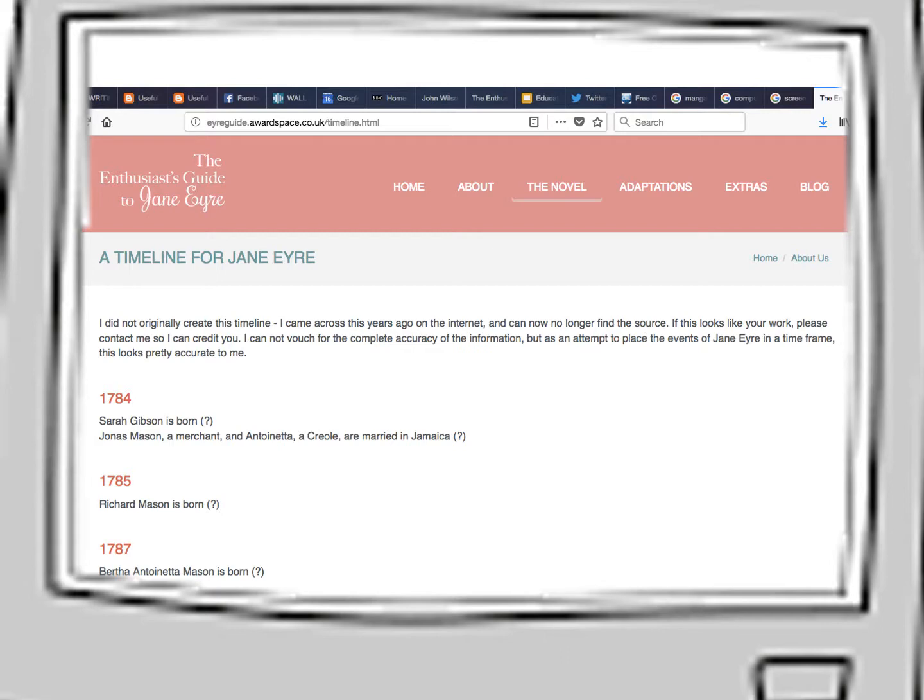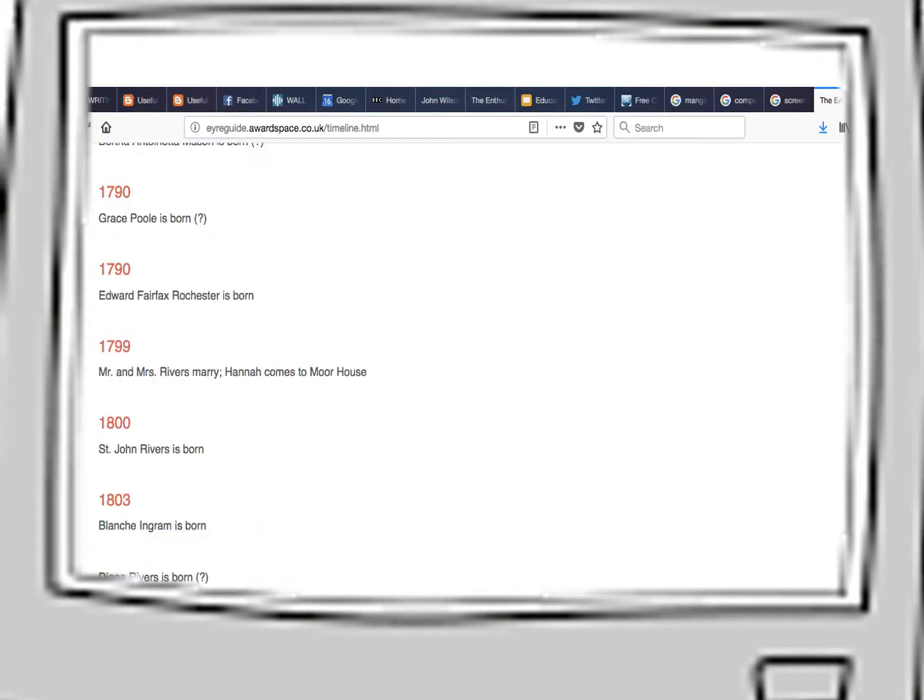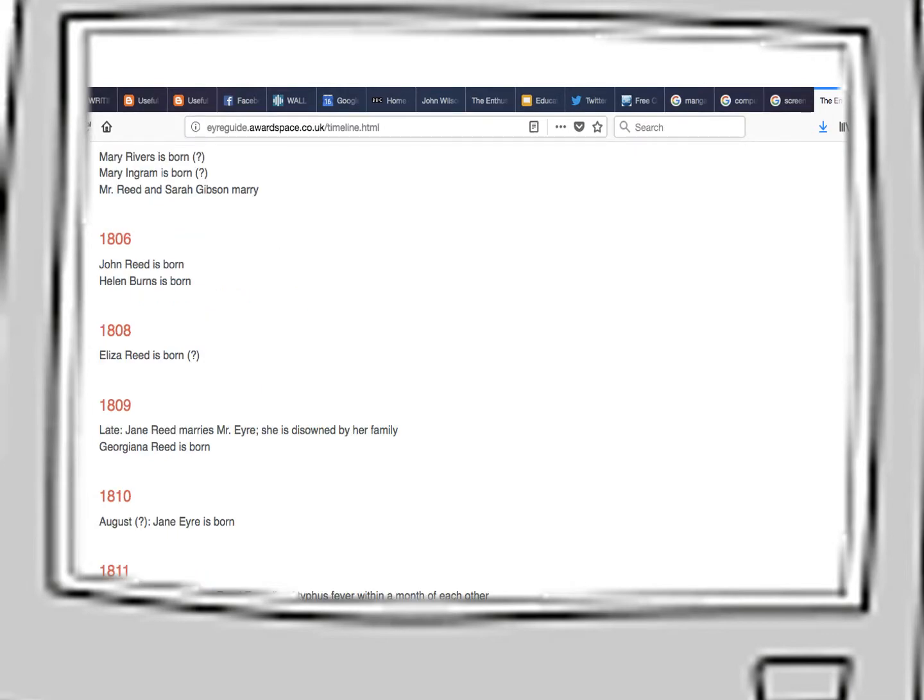So it tells us when Bertha Antoinetta Mason is born in Jane Eyre, 1787. And Rochester himself, he's 2 or 3 years younger than she is, in 1790. And Jane Eyre in 1810, she's considerably younger.